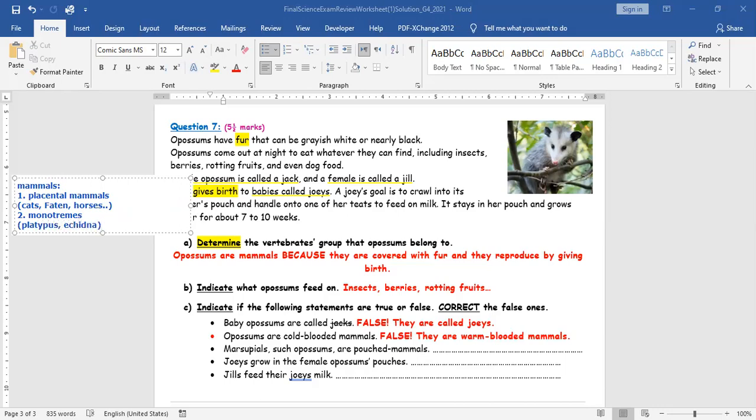These are mammals that lay eggs, but they have fur. They feed their babies milk. They are warm-blooded. And the third group of mammals is the group of marsupials, which are the pouched mammals, such as kangaroos, koalas, numbats, bilbies, etc.